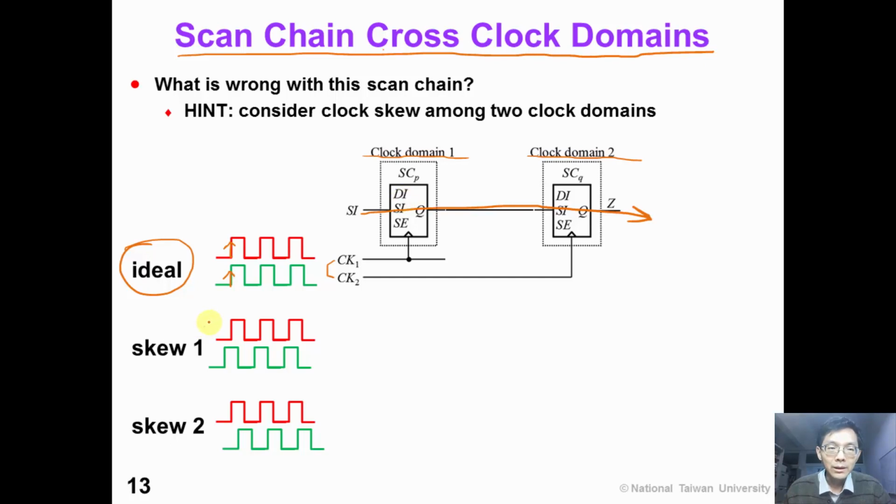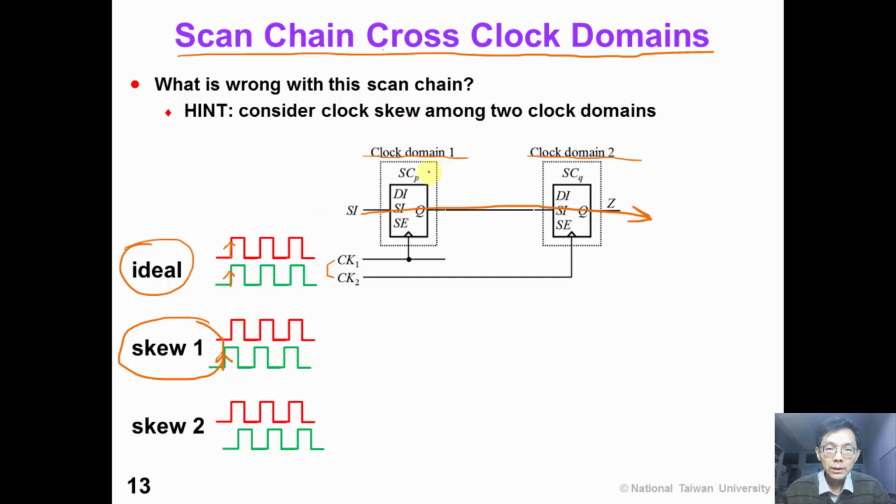However, in practice, there are big clock skews between 2 clock domains. In the first case, suppose that clock 2 is slightly ahead of clock 1. Let's say the clock 2 rising edge is before the clock 1 rising edge.